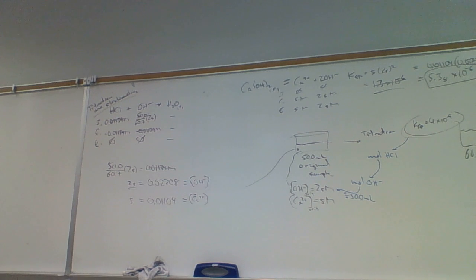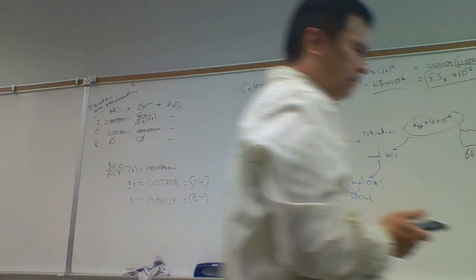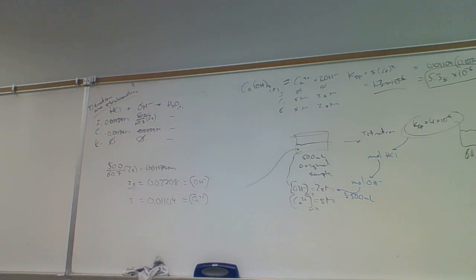So if your calculation's off a bit, why might we expect the calculations to be off a little bit? Not a huge amount, or maybe it might be a huge amount. It's tricky. It could be up to 25 times off. Why? Not common ion effect.